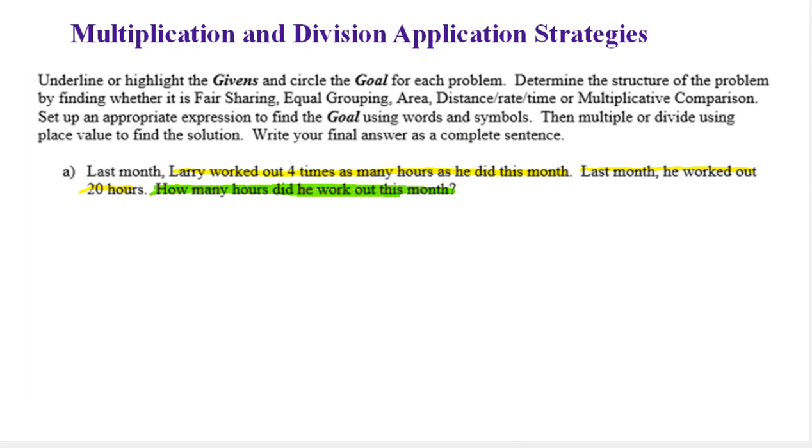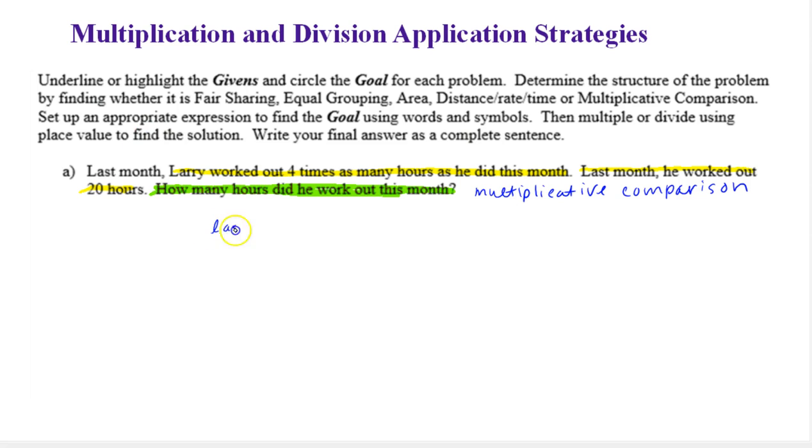So let's write this out in words. So first we know it's a multiplicative comparison. Okay. And reading this, it says, last month Larry worked out 4 times as many hours as he did this month.